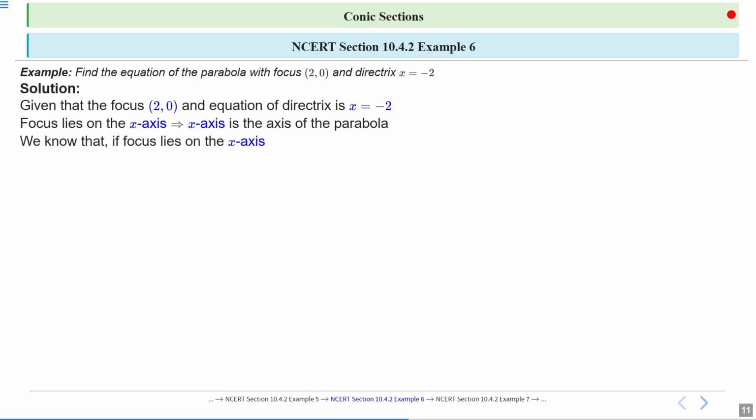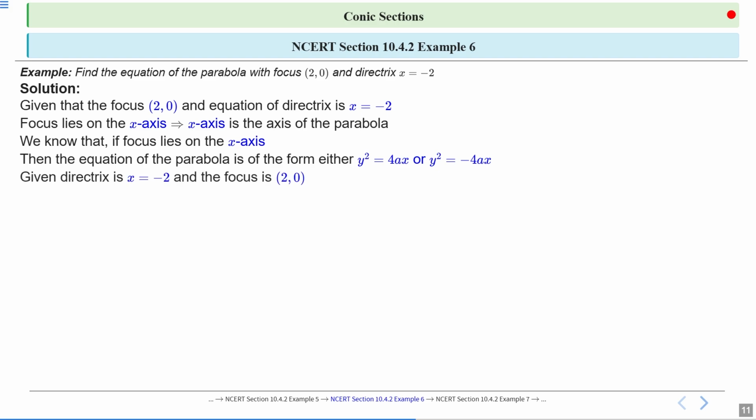And we know that if the focus lies on the x-axis, then the equation of parabola is of the form either y square equal to 4ax or y square equal to minus 4ax.